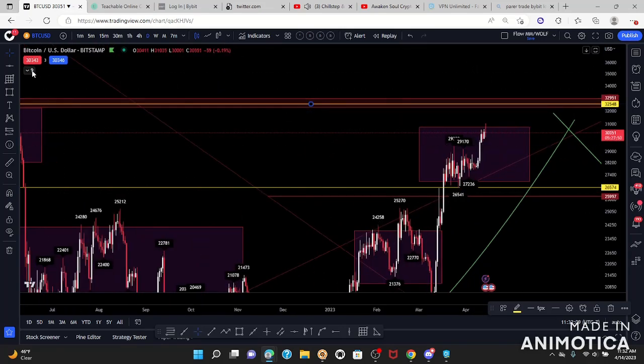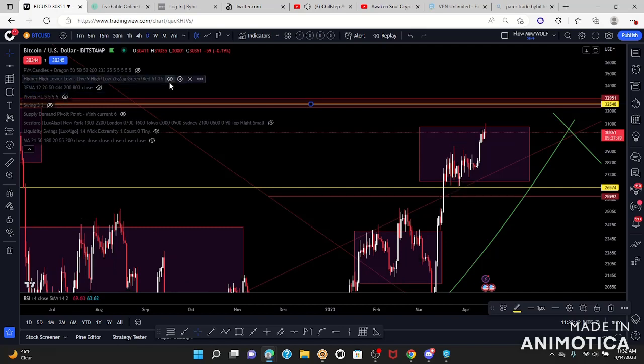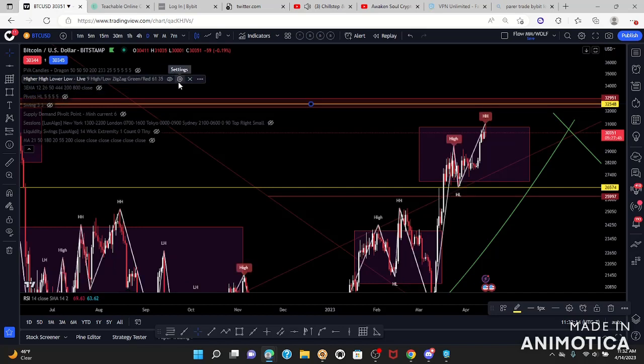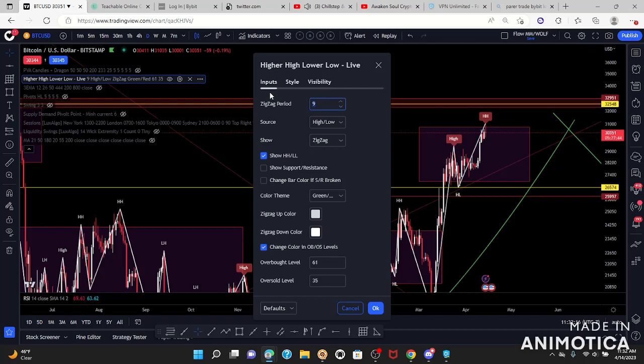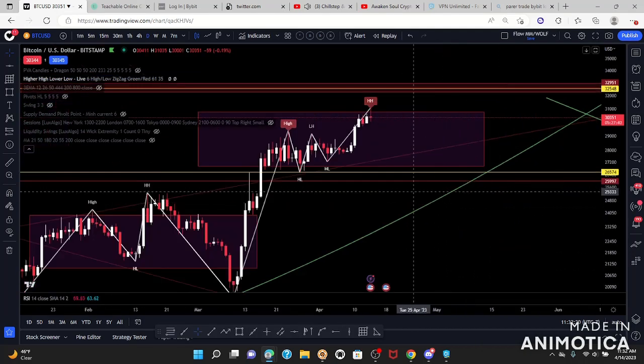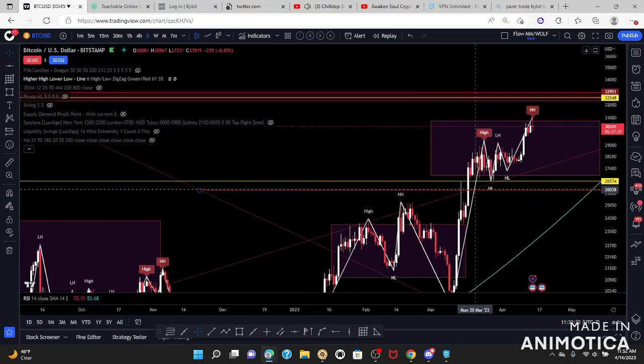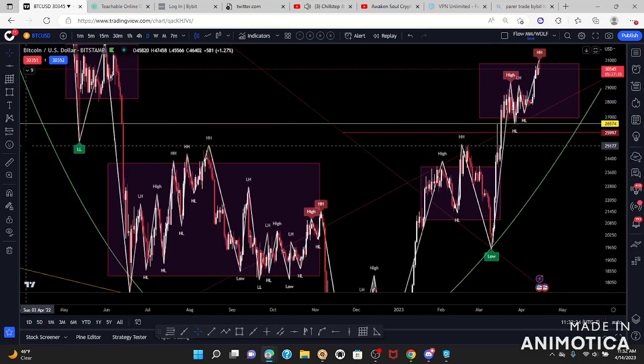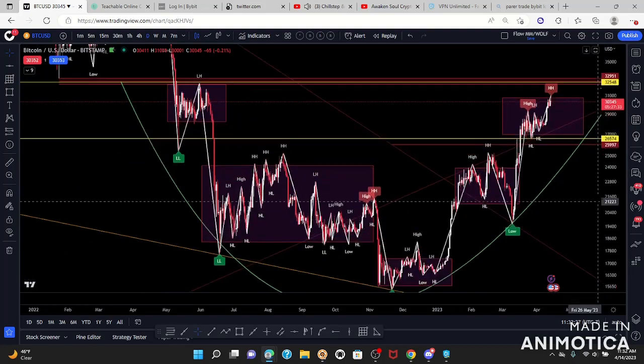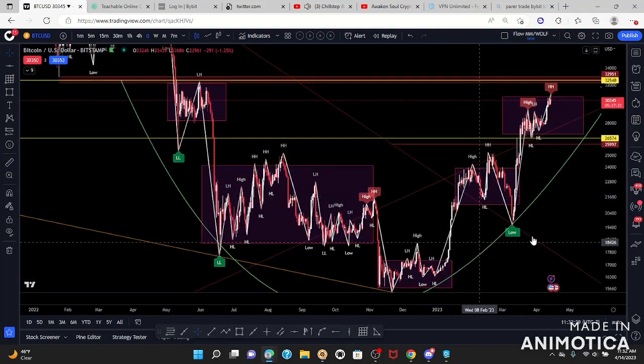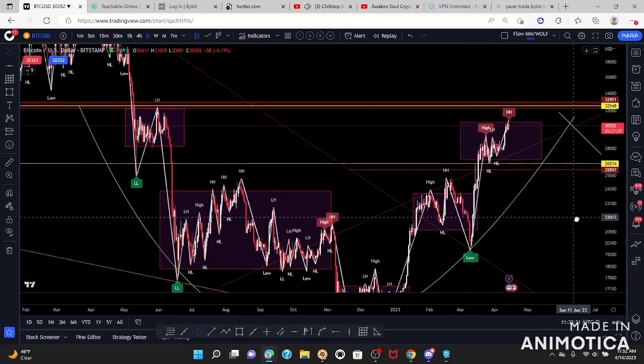Okay, once I found that, I want to find a pattern using pivot highs and lows. And I play around with this, changing the numbers. Again, I want to focus on this price action, also considering this possible cup.